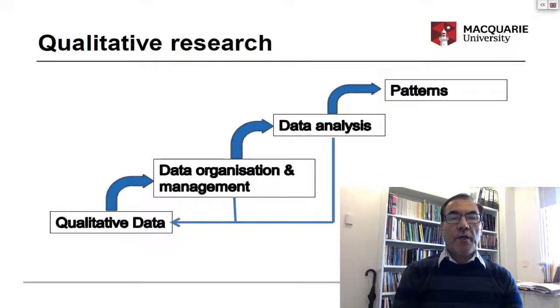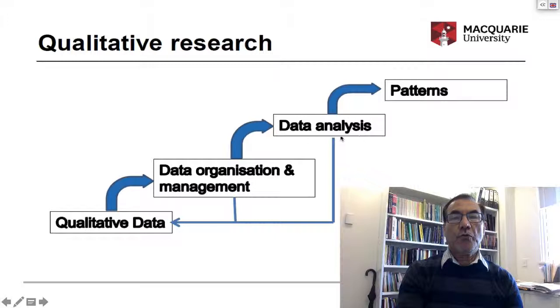So graphically, we can show that this is the process that qualitative researchers go through in order to come to an understanding and an explanation about the research phenomenon. So they start with the data, qualitative data, and then they try to organize and manage their data, usually nowadays through software programs like NVivo or Atlas.ti or MAXQDA and other types of qualitative software programs.